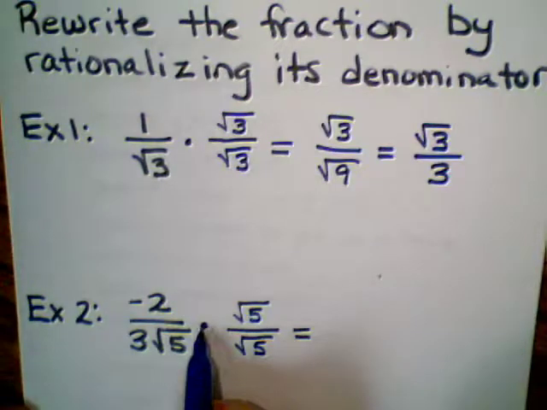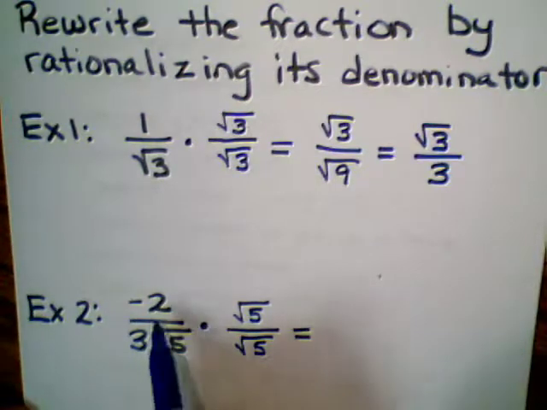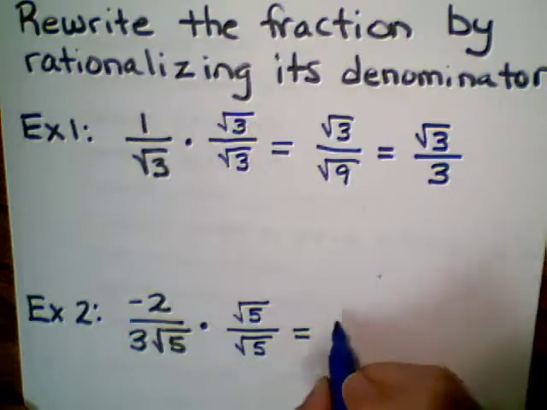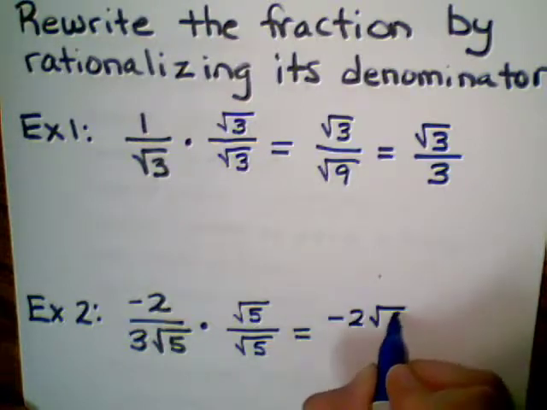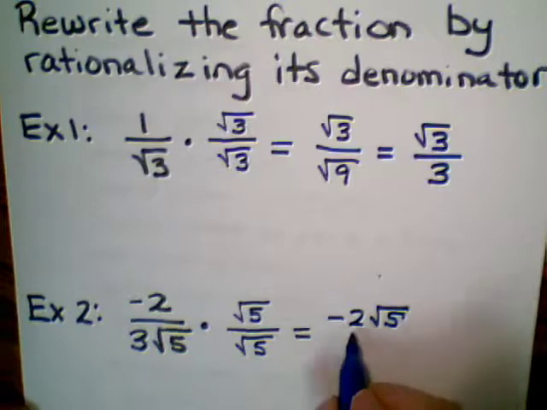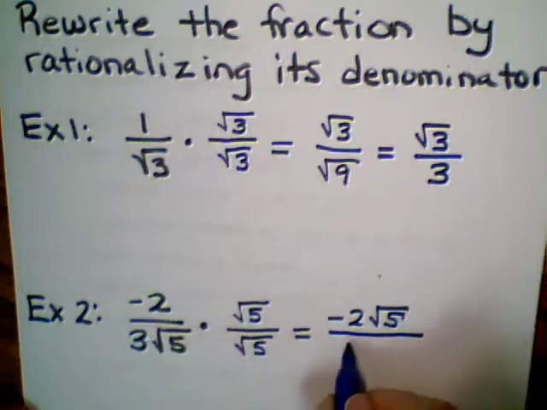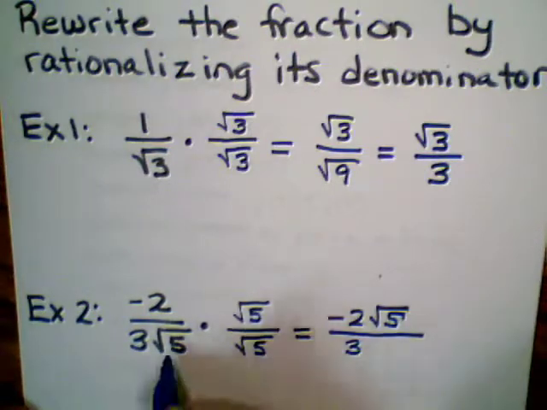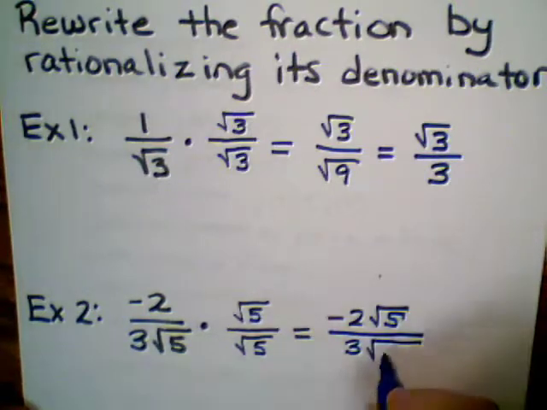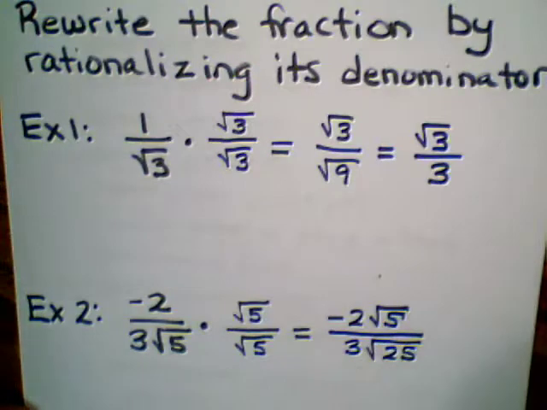Now across the top, -2 is not under the radical, 5 is under the radical. There's nothing we can do to simplify except just to write those two factors together, -2 times square root of 5. In the denominator, 3 is outside the radical, so we record the 3, and under the radical we get 5 times 5, or 25.